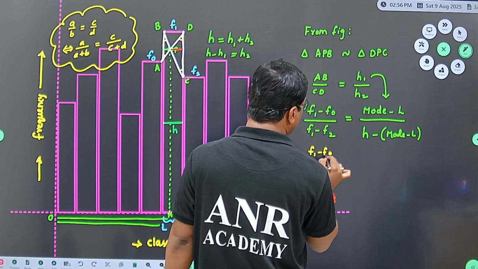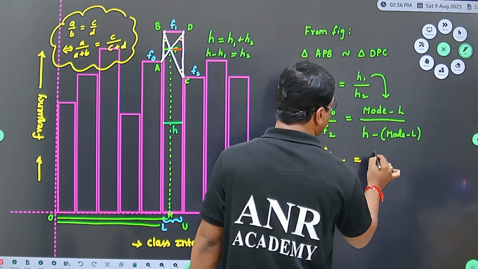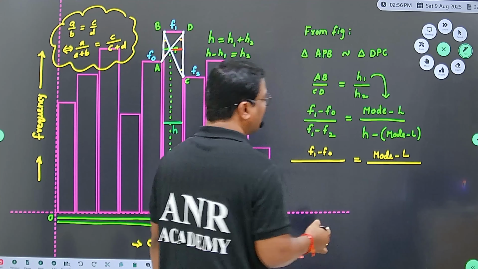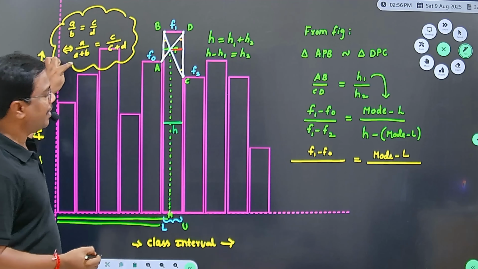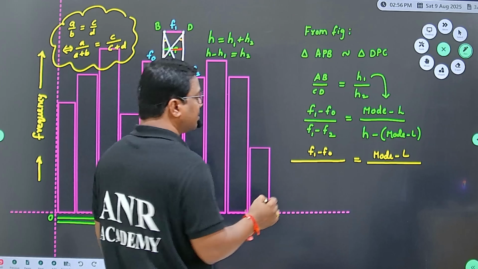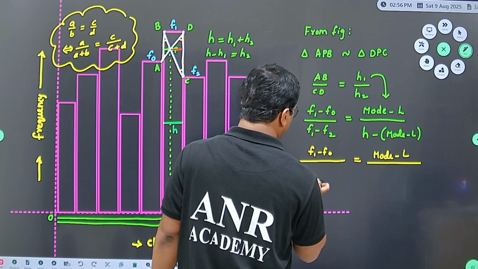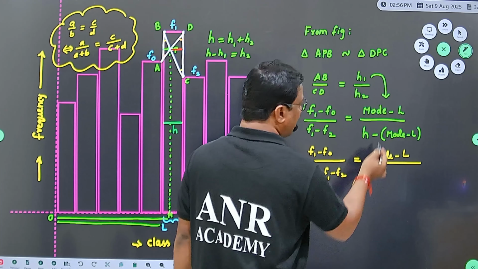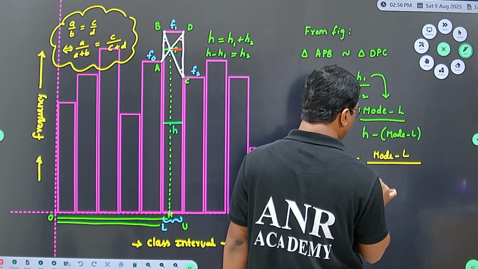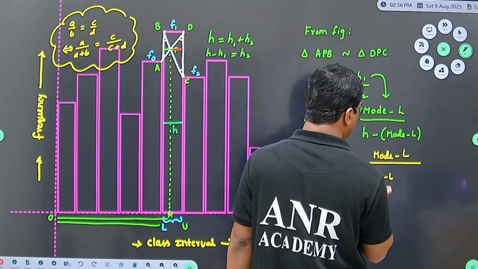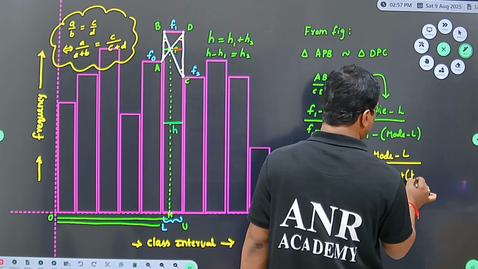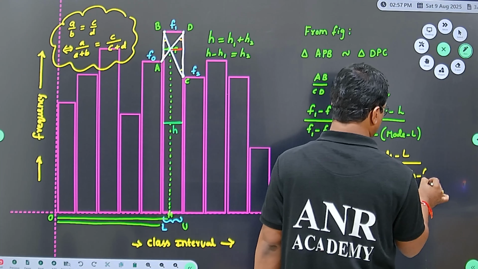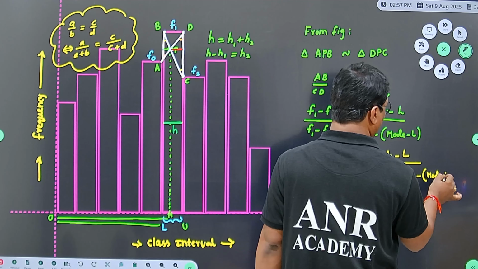Numerator F1 minus F0 as it is, and here mode minus lower limit as it is. Next, I am going to add both numerator and denominator part, that is F1 minus F0 plus F1 minus F2, and here mode minus L added to H minus mode minus L.